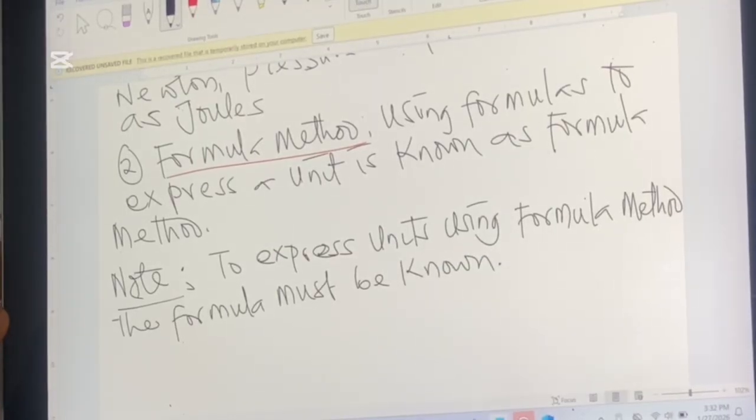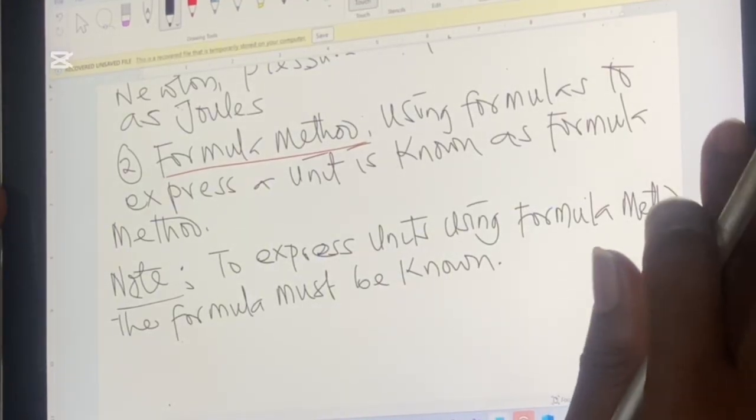Please take note. So if I want to express the unit of any formula, the first step I have to take is to write down the formula. Whenever you want to express the unit of any quantity at all, the first thing is to write the formula, okay?